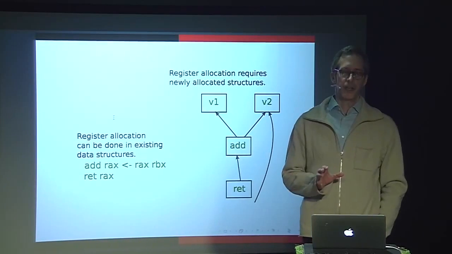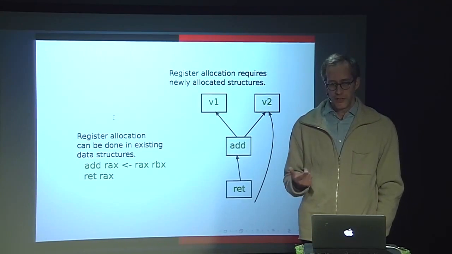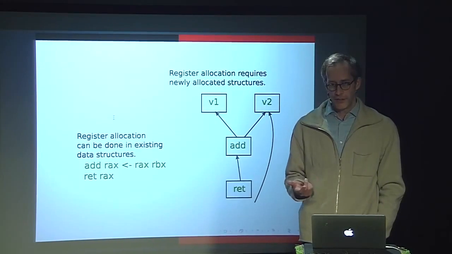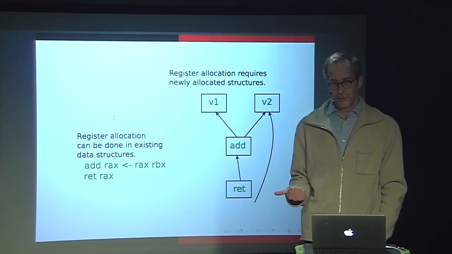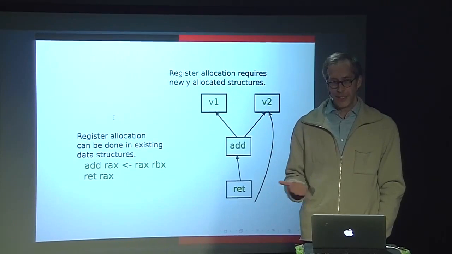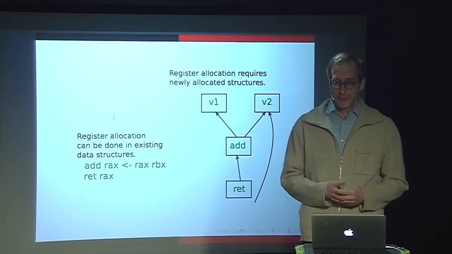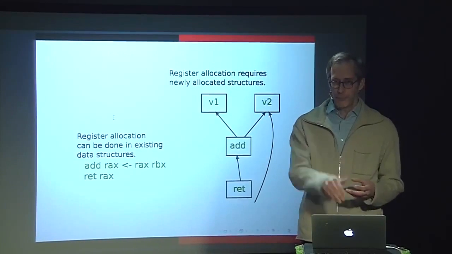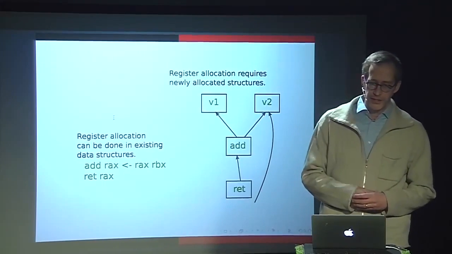Something that can be done in symbolic but not in object pointers is register allocation. And why is that? Because register allocation is when you leave single static assignment form. You really can't use the same source because you have a limited number of registers. You will reuse stuff, you will write multiple times to the same register. So you have to leave single static assignment form.